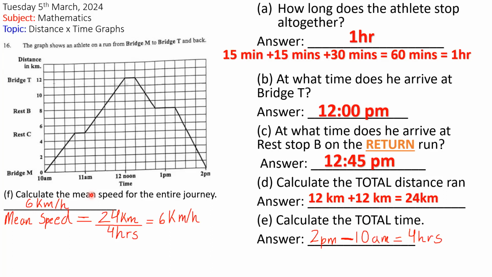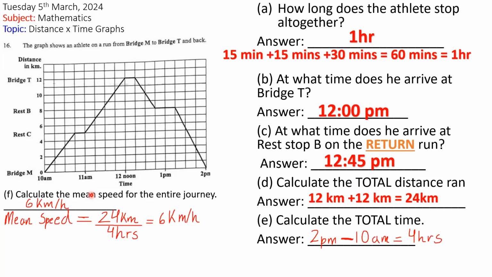He stops once at 11 a.m., which is 15 minutes. He stops at 12 noon, which is 15 minutes. And he stops a total of 30 minutes at 1 p.m. So we added 15 plus 15 plus 30, and that gives us 60 minutes. And we know that 60 minutes is 1 hour.